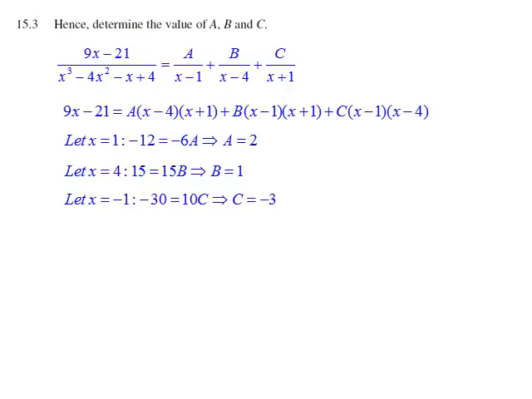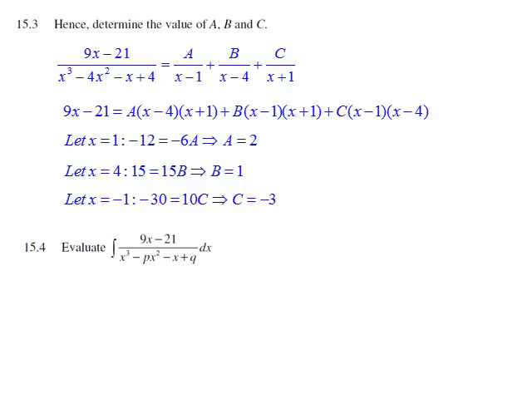If I now lastly let x equal negative 1, then negative 9 minus 21 is negative 30 on the left-hand side. My A term and my B term will become 0, and my C term will give me 10C, which implies that C is negative 3. So I've now calculated the values of A, B, and C.